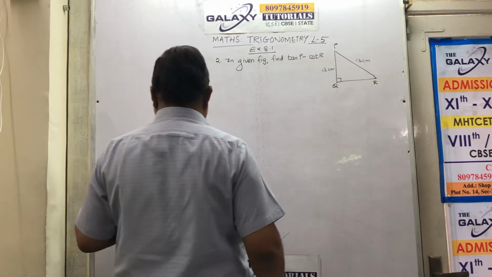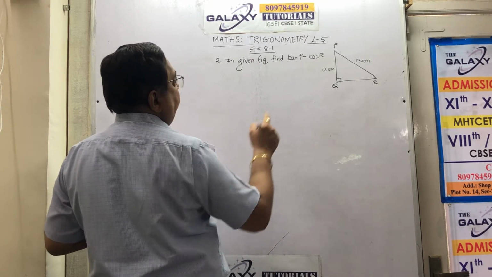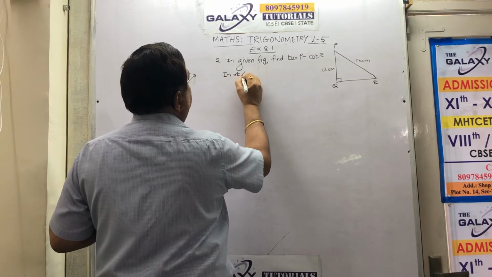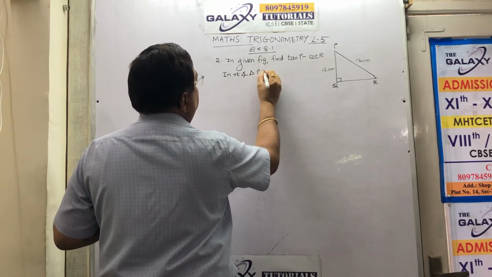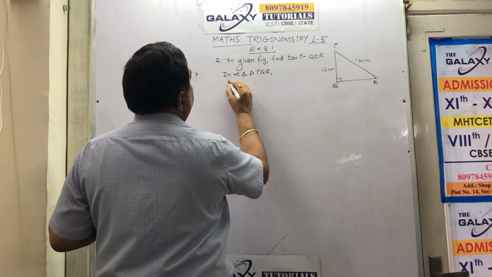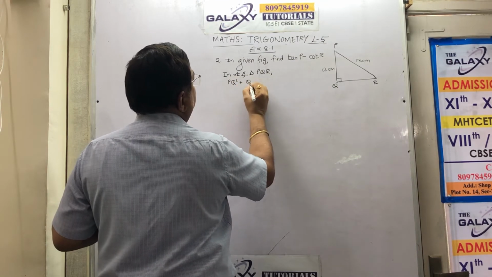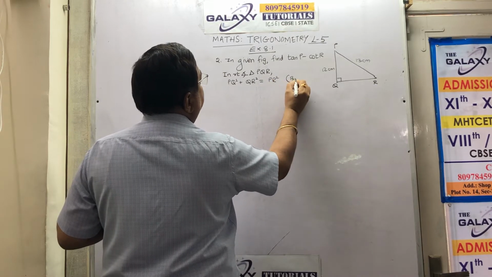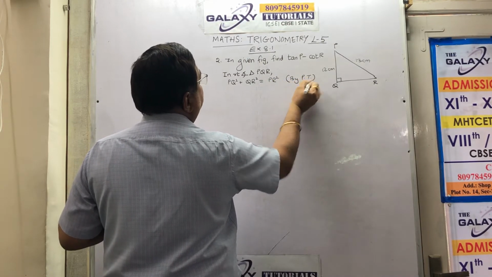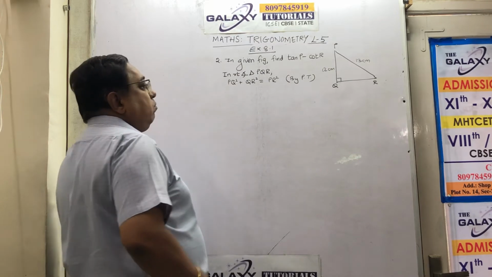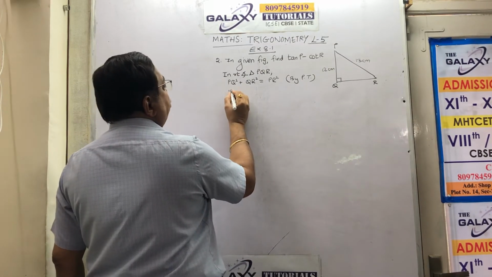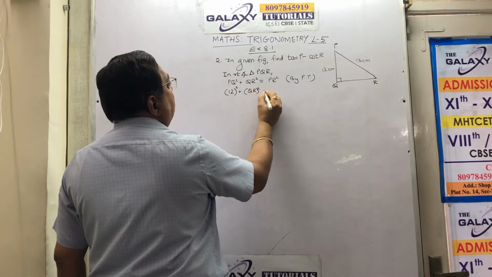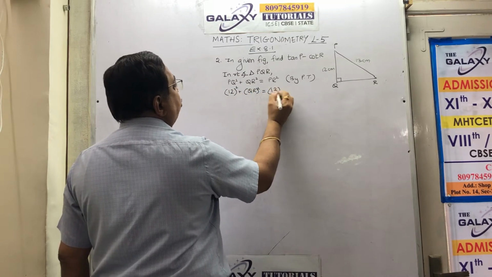Again, step number 1, we will use Pythagoras theorem because I don't have a third side. So, in right angle triangle PQR, PQ square plus QR square is PR square by Pythagoras theorem. Do not write short form in the exam. PQ square is 12 square. QR square I don't know. PR square is 13 square.